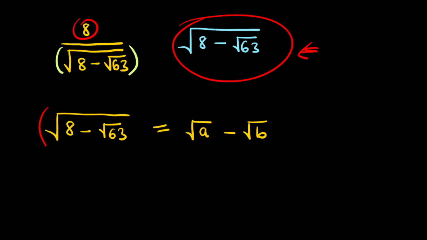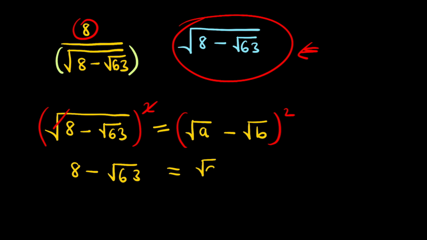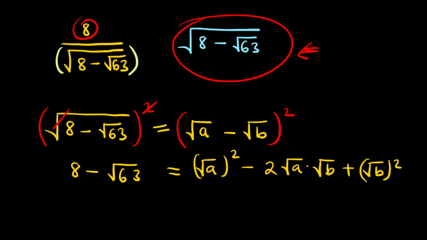If I go ahead and find the square of both sides, let's square both sides. This takes care of this, and on the left hand side, I have 8 minus root 63. Then on the right hand side, if I expand this, I have the square root of a squared minus 2 root a root b, then plus the square root of b squared.